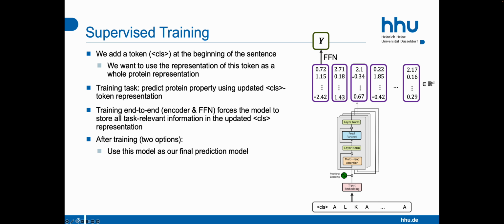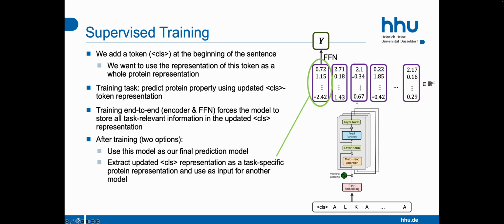To do this, we can extract the updated CLS token representation for all proteins in our dataset, having now task-specific protein representations that were generated by aiming to extract all information from the protein sequence that is relevant for solving a particular task.